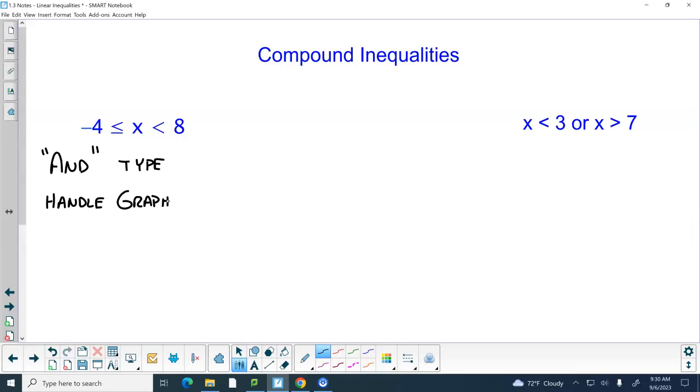For instance, if this were -4 is less than or equal to x plus 2 is less than 8, if I subtract 2 in that middle section, then I've got to subtract 2 on the outer parts too. I've got to do it in all of those parts.